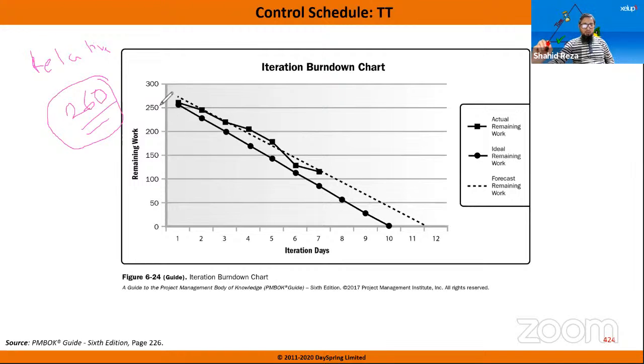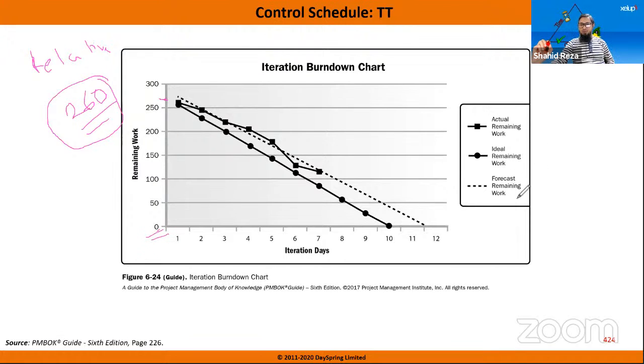So what do they plan? 260 is here. First they draw a line at the beginning of the iteration: 260. On the first day, 260 story points are remaining, right? And on the 10th day, as per the baseline or plan, they will finish all tasks, that means there will be no remaining work. It will be 0 here on the 10th day.